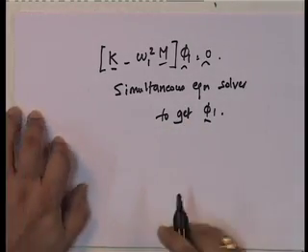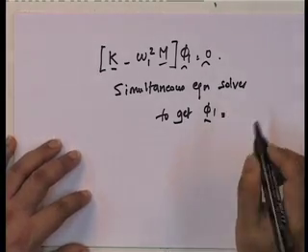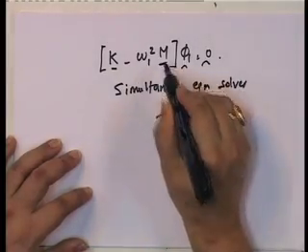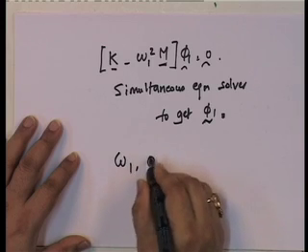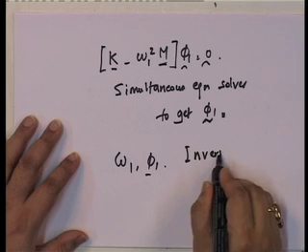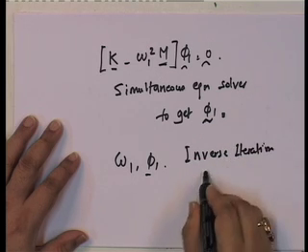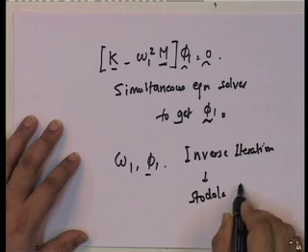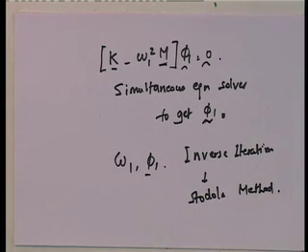Okay? There is no question about that. So, this is not an issue at all. Okay? So, we found out omega 1 and phi 1 using the inverse iteration or the Stodola method. I hope you understood what the method is.